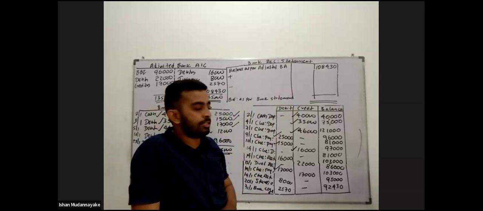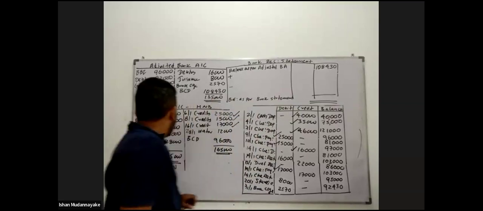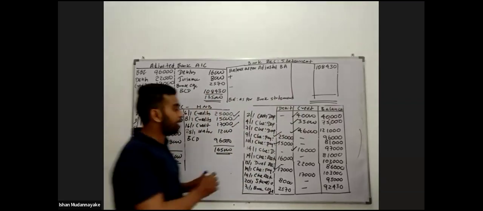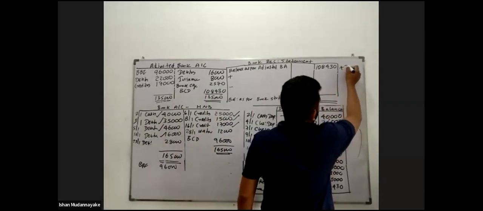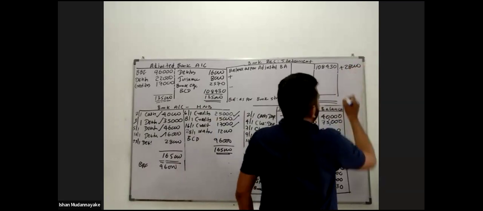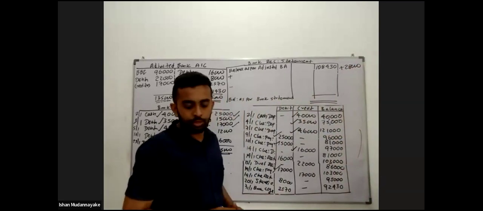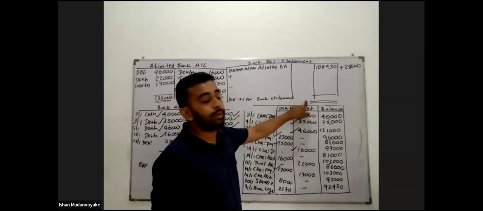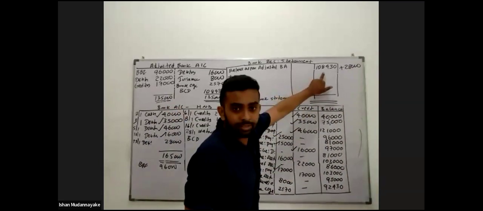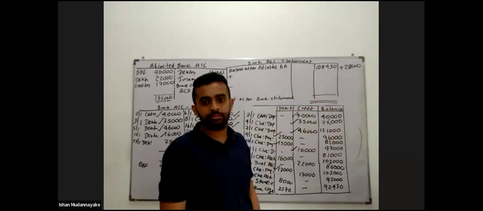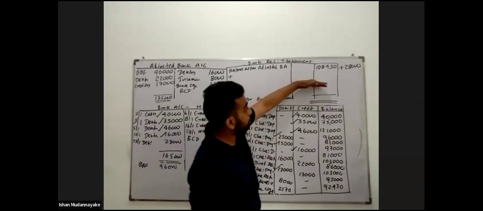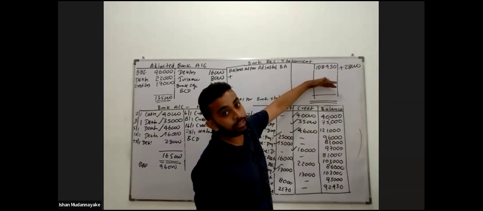Like how to prepare the reconciliation. Now, here you have debited a 28,000 check. You have added 28,000 check to your balance, but still the bank has not added it to our balance. You have added, then deduct. If you deduct 20,000 from your balance, what will happen?